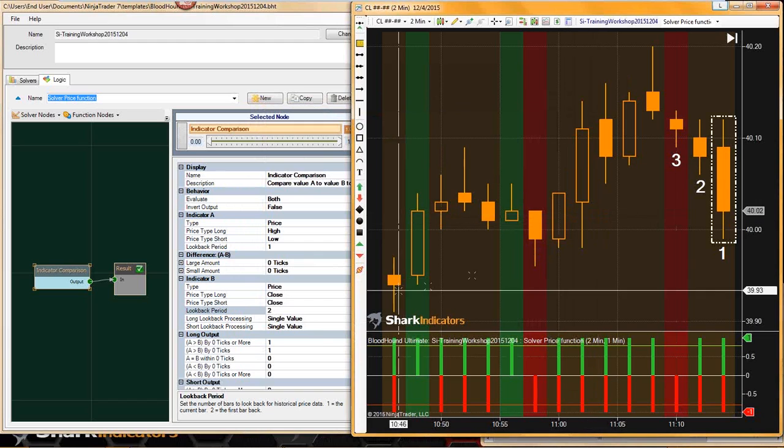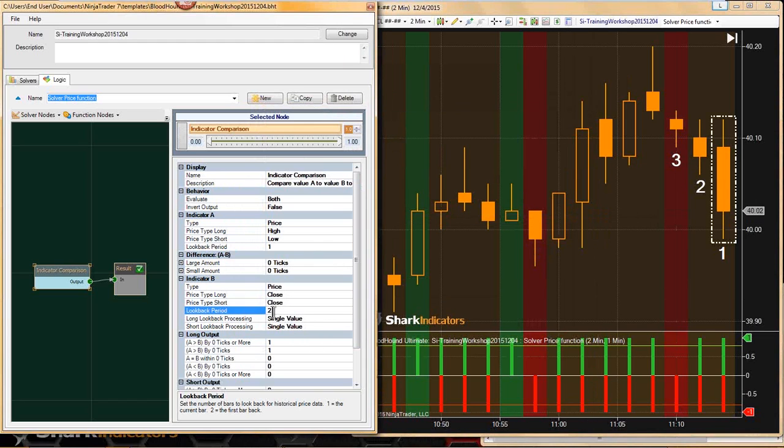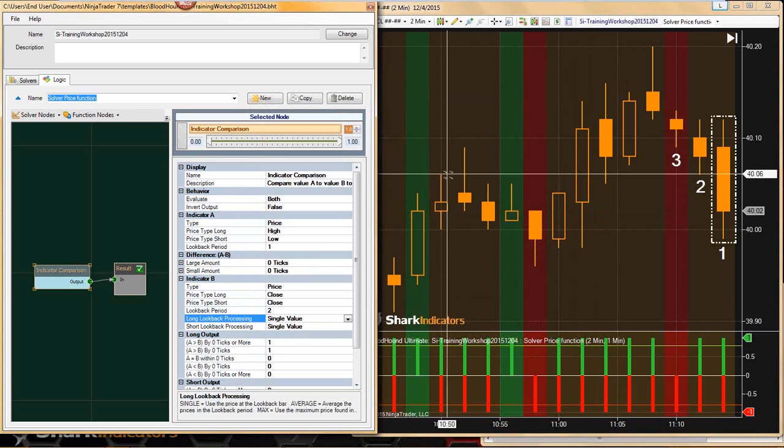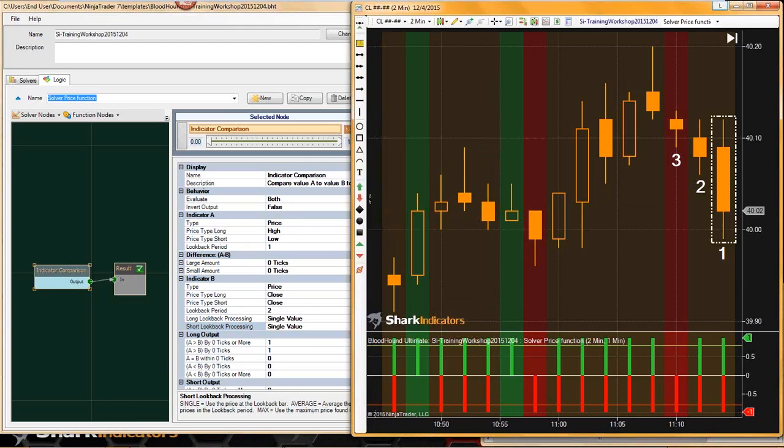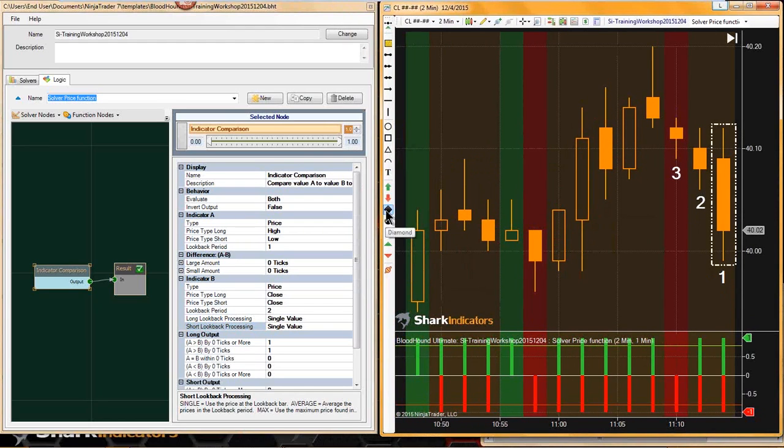So if we have our look back period set to 2, looking at a single value, what we're looking at here is that the long and the short are both set to look at the closing price. Indicator B is set to look at 1 bar back, bar number 2 back, and it's looking at just the single value. That means BloodHound is looking at the closing price of the bar right there.